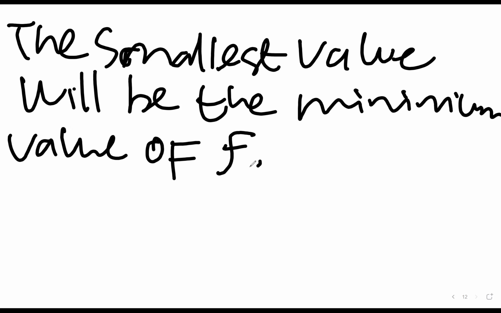So okay, I will summarize. The first step, calculate the value of the function at the endpoints. For example, the function is defined on the interval [a, b]. Calculate f(a), calculate f(b), and then find the solution of f prime x equals 0. Make sure that the solution is on the interval [a, b]. If the solution is c1, calculate f(c1).